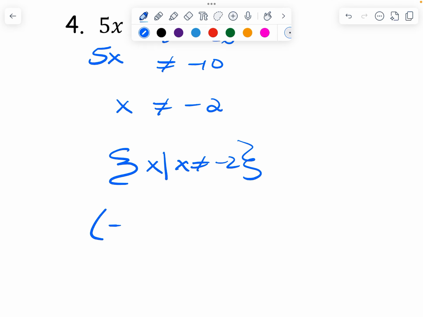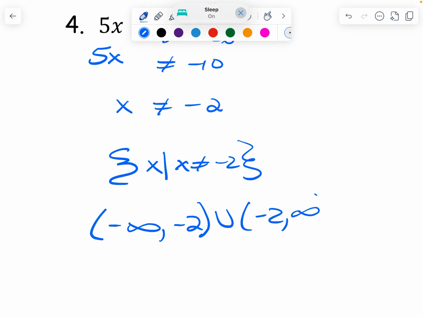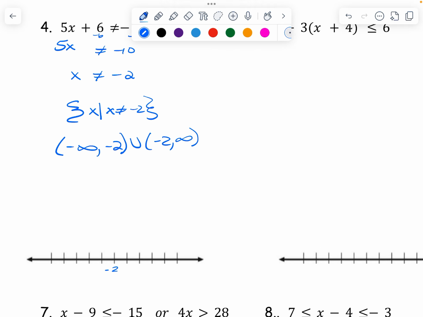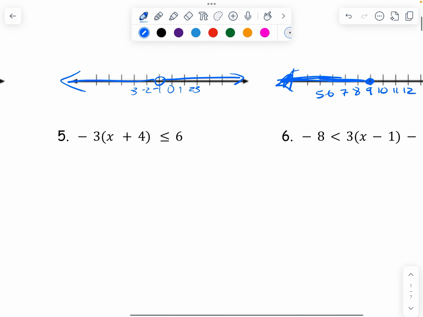So, negative infinity to negative 2, union negative 2 to positive infinity, not including negative 2. So negative 2, negative 1, 0, 1, 2, negative 3, negative 4, negative 5. So everything in each direction except for the number negative 2.